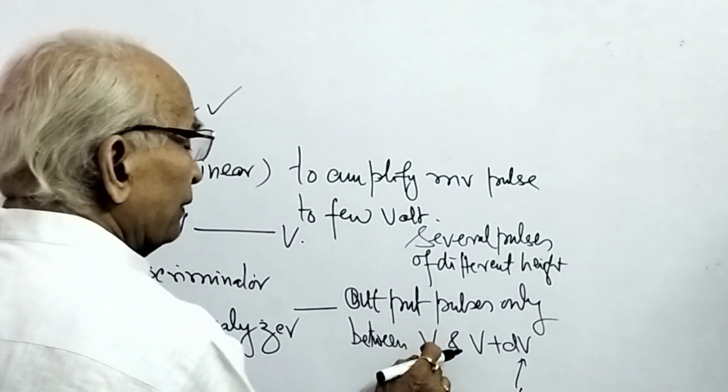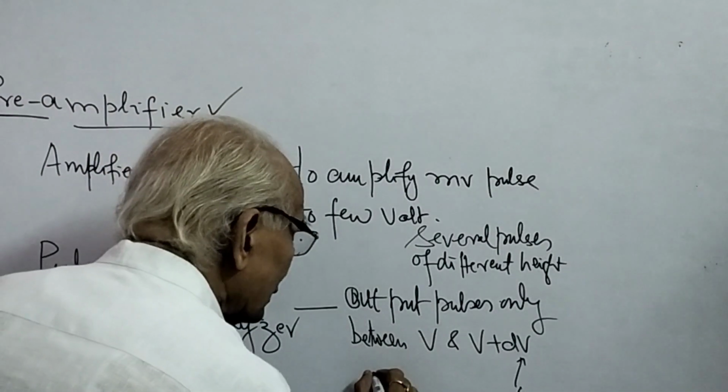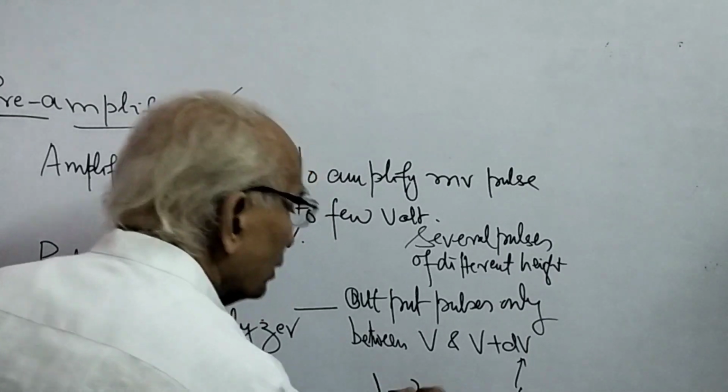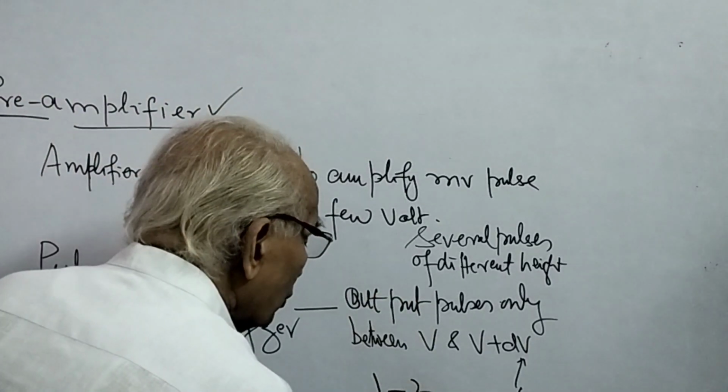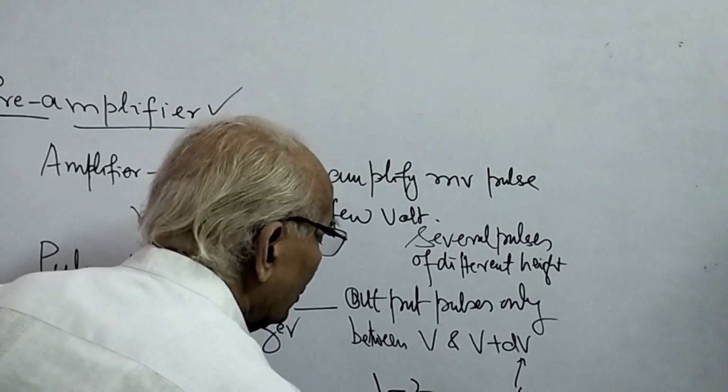If V is 1, you are counting pulses of 1 to 2 volt. If V is now 2, you are counting pulses between 2 and 3 volt, like that.